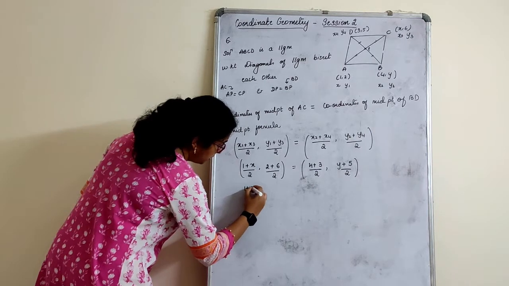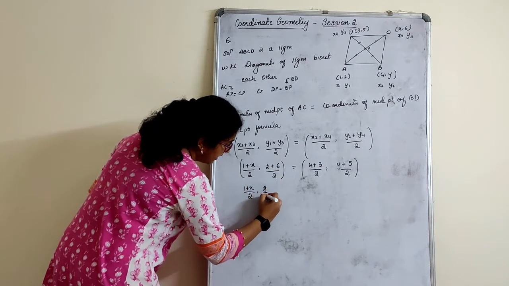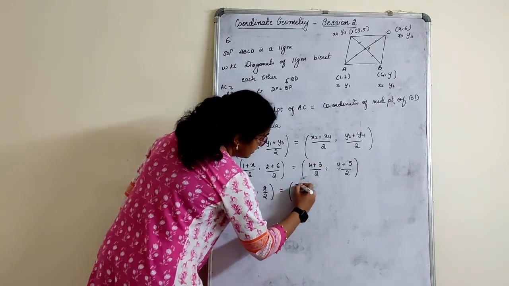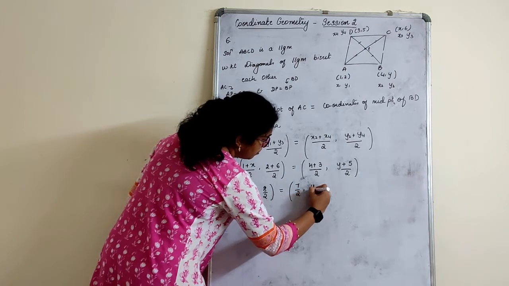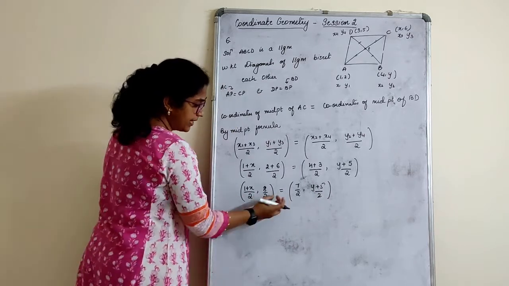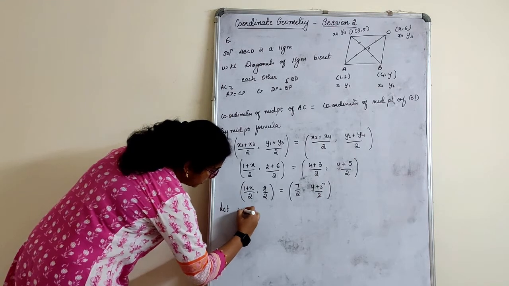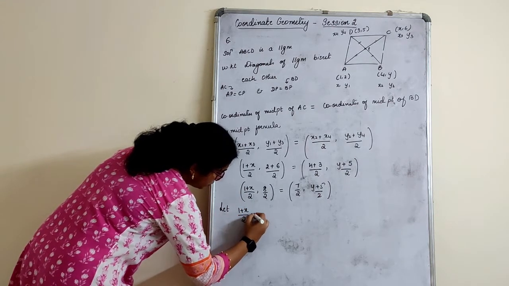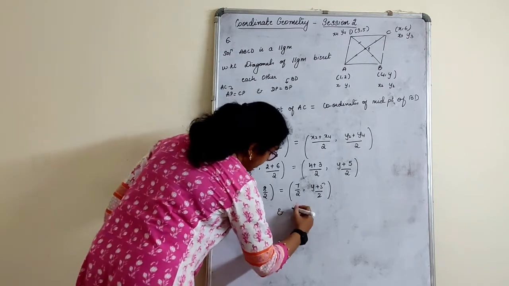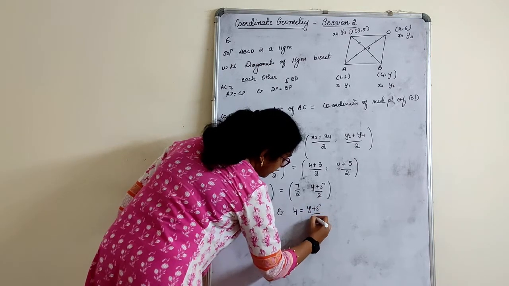So 1 plus x divided by 2, comma, 6 plus 2 is 8 divided by 2 is equal to 4 plus 3, 7 divided by 2, comma, y plus 5 divided by 2. Let me equate x to x and y to y. 1 plus x divided by 2 is equal to 7 by 2 and 8 by 2 is 4 is equal to y plus 5 divided by 2.